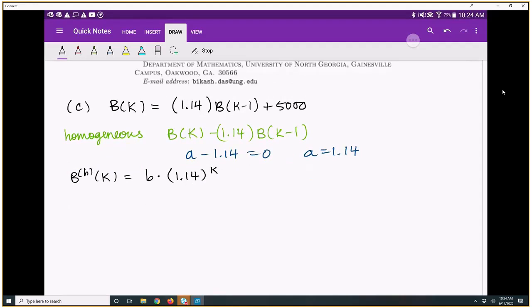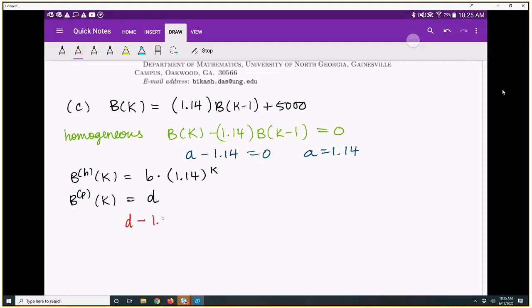Then the particular solution. Again, the function on the right-hand side, if I moved the b of k minus 1 term over, would just be the constant 5,000. So I'm going to assume the particular solution is of the form some constant d, and then plug it into the recurrence relation.